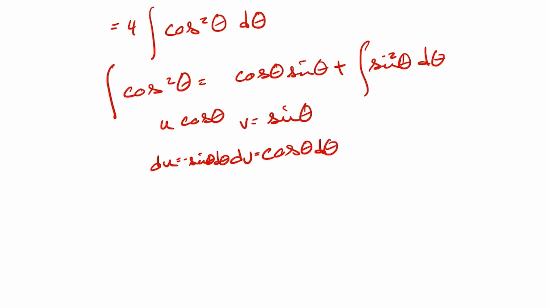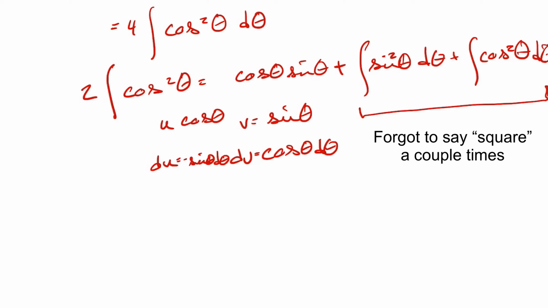And then you'll notice if we add the integral of cosine squared theta d theta to each side, this just becomes 2 times the integral of cosine squared theta d theta on the left. And then if we add it over here, cosine squared theta d theta, then these two combined become the integral of sine squared theta plus cosine squared theta d theta.